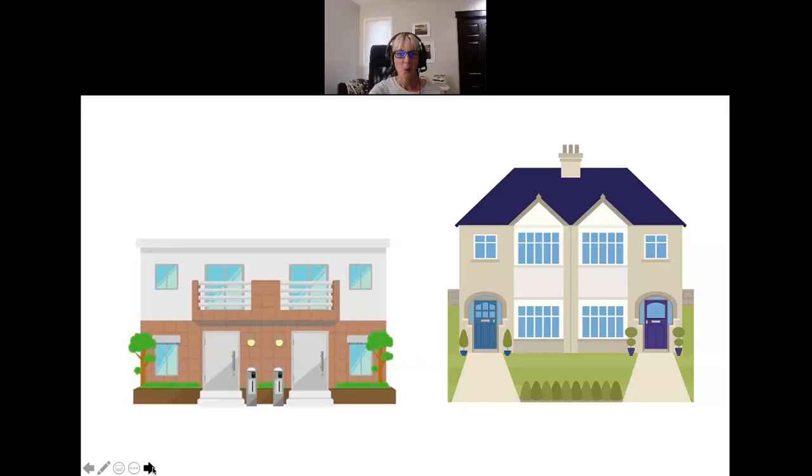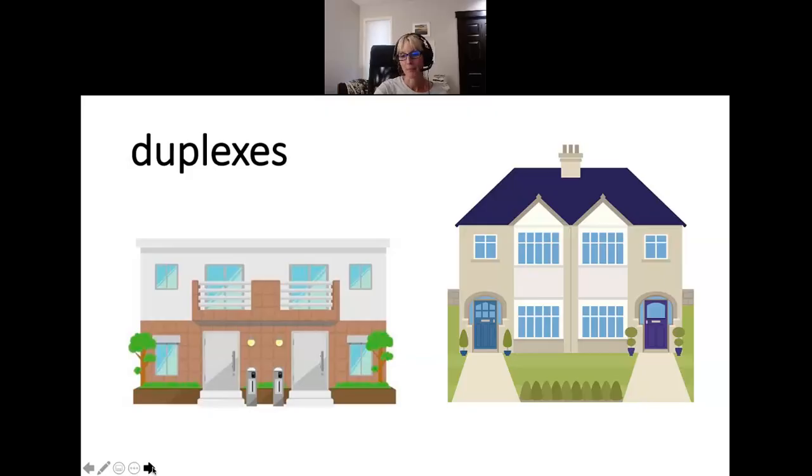What are they? How many are there? Duplexes. 1 duplex, 2 duplexes. Duplex is.